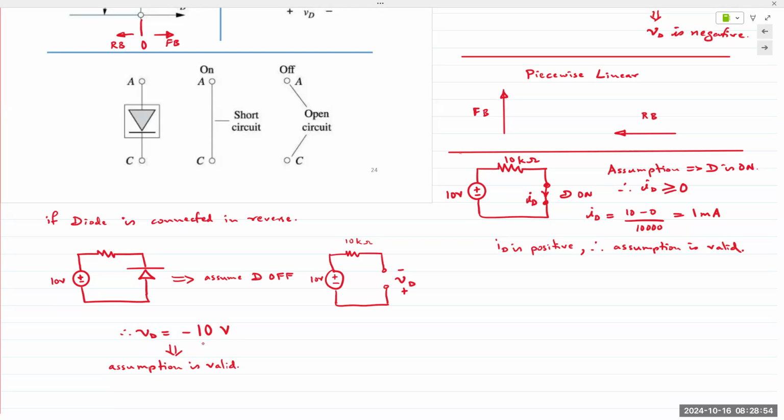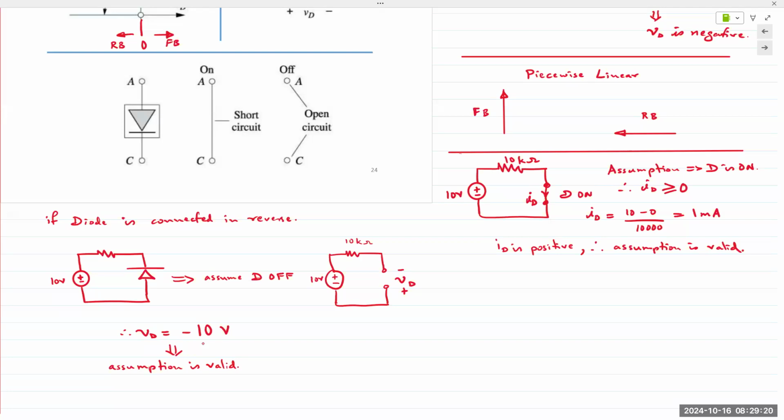You perform your analysis using any circuit analysis technique that fits the circuit, and then verify whether your assumptions are true or not. If it's true, great, you're done. If it's not true, then you go back and you change the state, and then you analyze the circuit all over again. That is what you'd be doing as a practicing or working engineer.